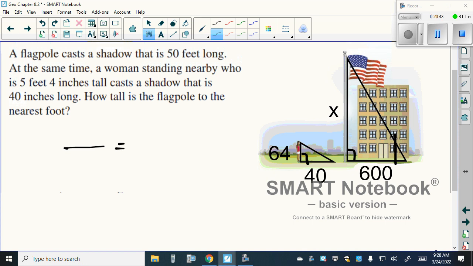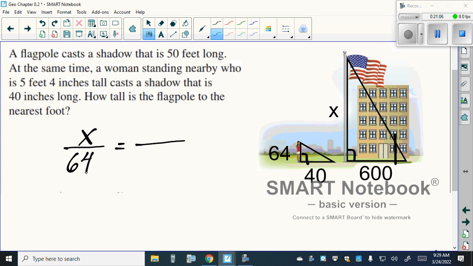So the height of the flagpole is x. What do we put underneath it? 64 for the height of the woman.